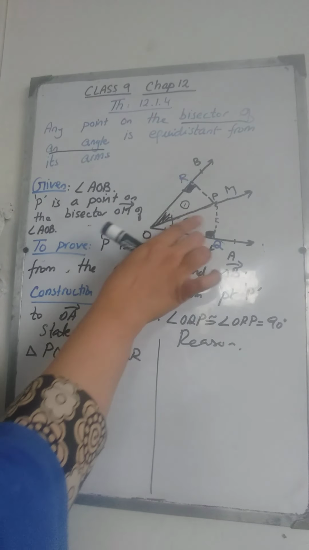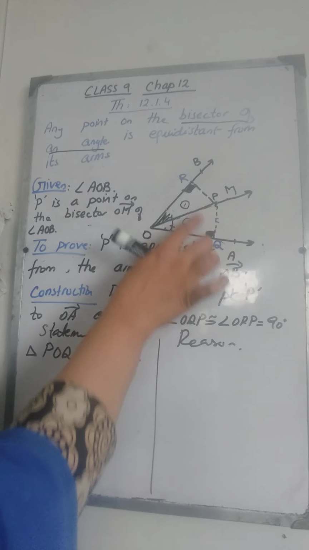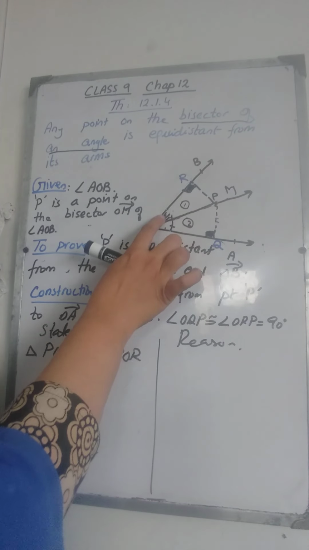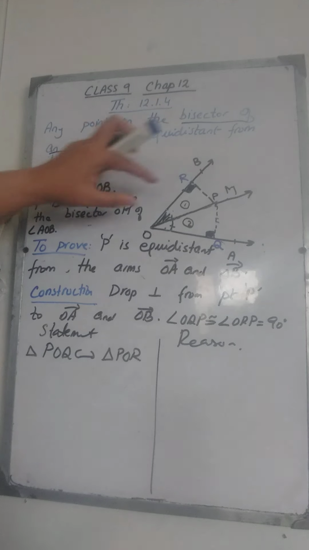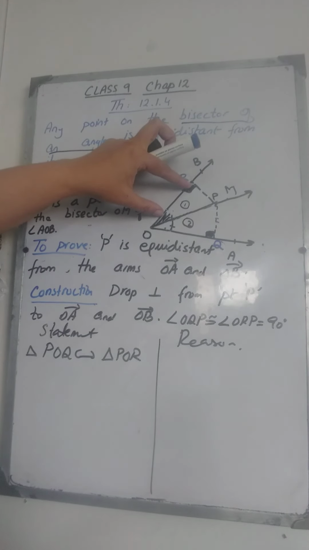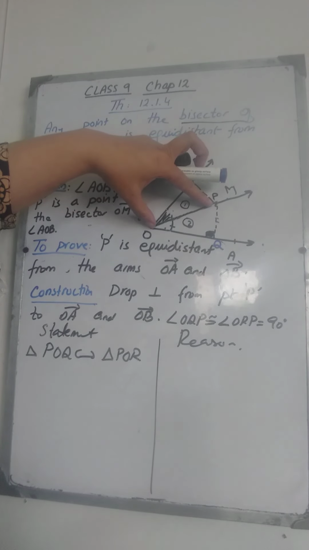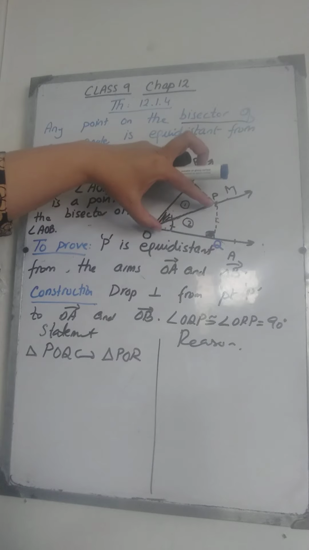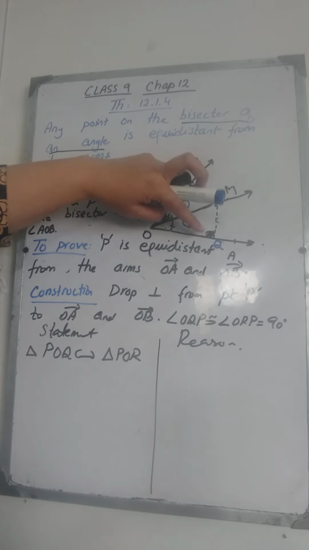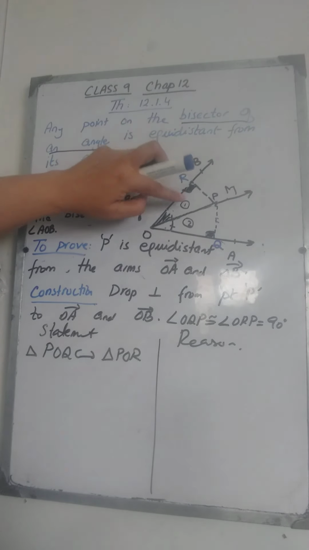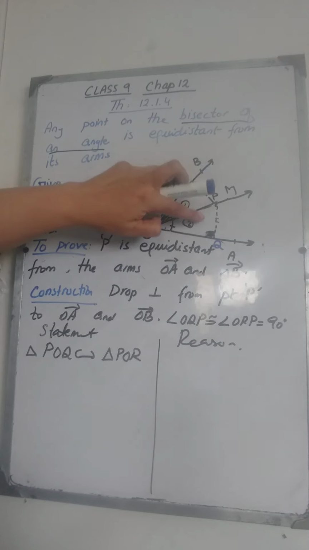This is the common side of these two triangles. Also this angle is congruent to this angle, and this angle is congruent to this angle. So we have two angles and a side which is not their included side. With the help of the SAA postulate, we can easily prove that these two triangles are congruent.